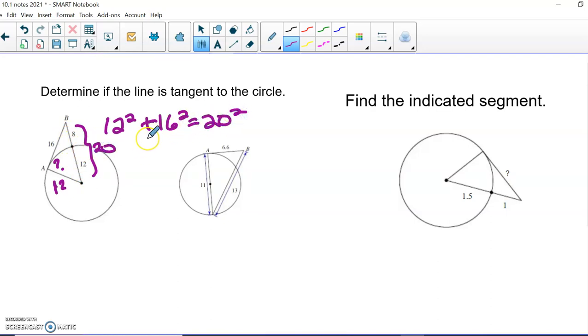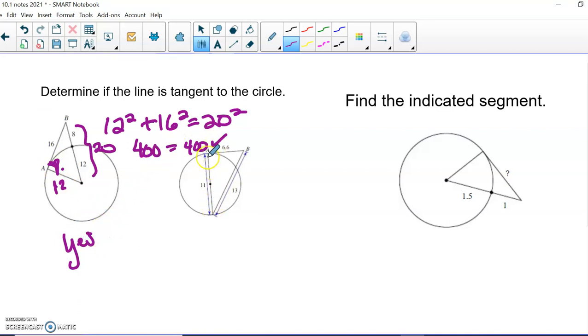So I just want to see if 12 squared plus 16 squared equals 20 squared. 12 squared plus 16 squared gives me 400, and 20 squared is also 400. We remember if the Pythagorean theorem works, then we know it's a right angle. So the answer would be yes, this segment is tangent to the circle.